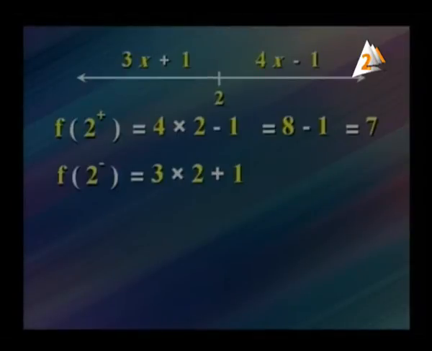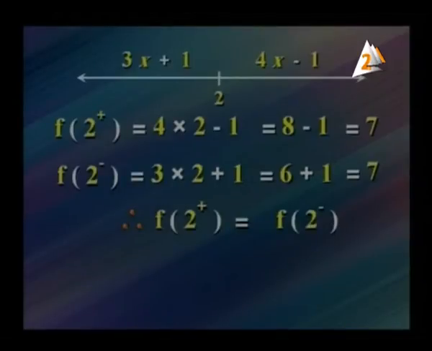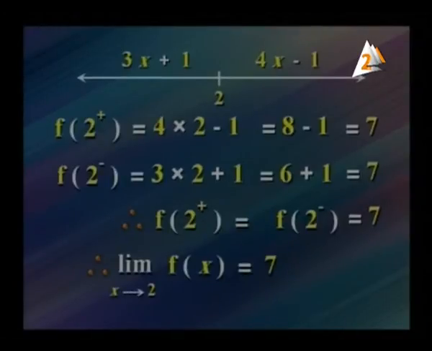Therefore, f(2−) equals 3 times 2 plus 1 equals 6 plus 1 equals 7. Therefore, f(2+) equals f(2−) equals 7. Therefore, limit f(x) when x tends to 2 exists and equals 7.